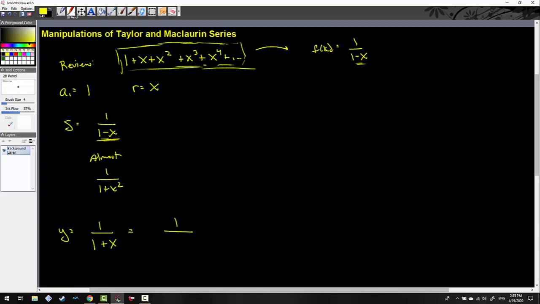That's basically like saying, if you want to look at it a different way, 1 over 1 minus negative x. And what that allows me to do is plug negative x's in for all of these x's up here in my anchor example. So what is that? That's 1 plus negative x squared plus negative x cubed plus negative x to the 4th.